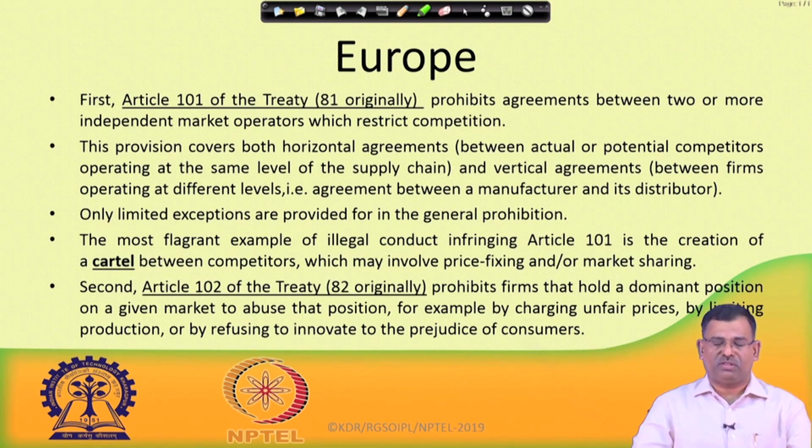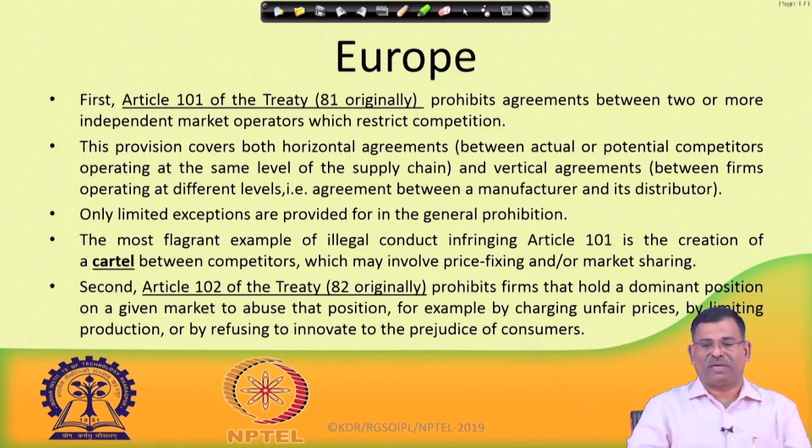So, originally it was in Articles 81 and 82 of the Treaty of Rome, and presently the law is in Articles 101 and 102 of the treaty, which clearly curbs anti-competitive practices, the abuse of dominance, or agreements between two or more independent market operators which restrain competition. So, in Europe as well, competition in the market is promoted, the competitive process is promoted.